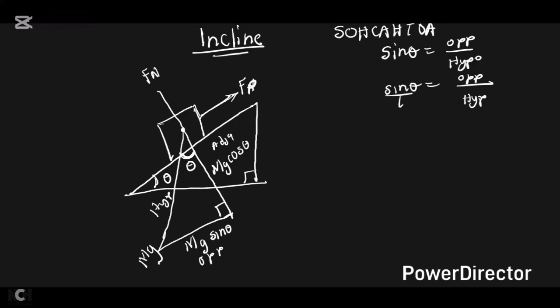Meaning we multiply the hypotenuse mg by sine theta, so the opposite is equal to mg sine theta. That's where this is coming from. If you do the same thing to find the adjacent, you arrive at this.